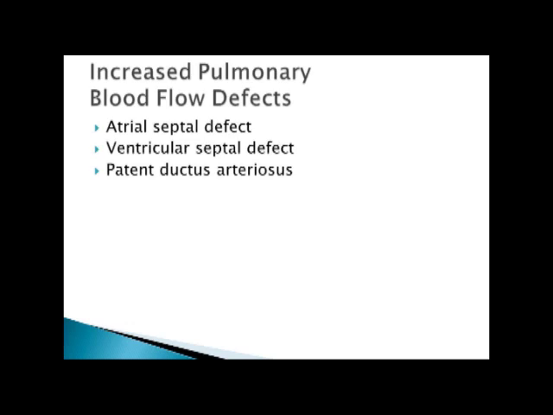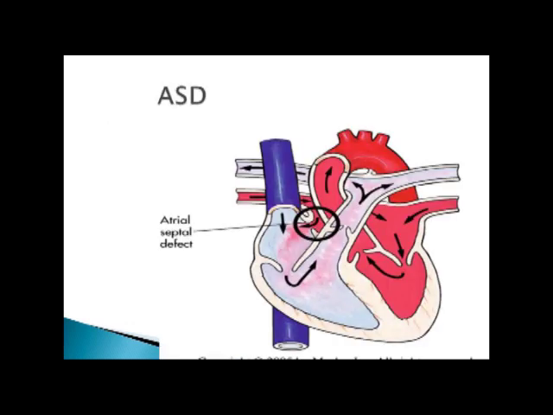But the pressure is greater, remember, in the left atrium than the right. So the blood comes left to right shunt, and it goes back to the lungs, which causes stress on the lungs. And that can cause more distension in the right side of the heart. So that's one of the things that can happen. Depending on how big it is, it may be dealt with by cardiac catheterization.